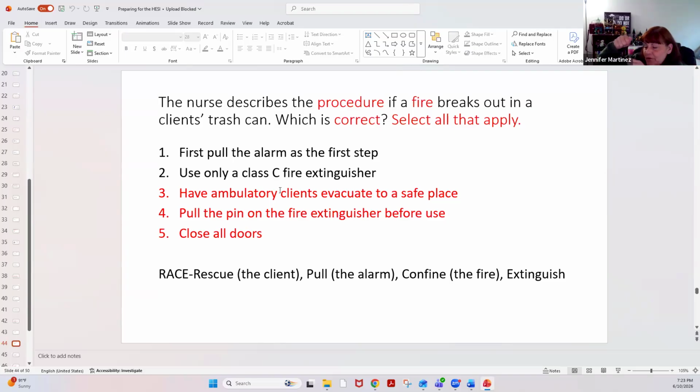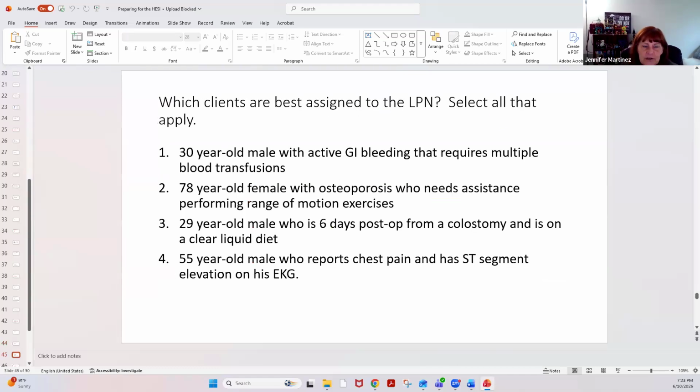You pull the pin, you aim it out to where the fire is, you squeeze the little handle on the extinguisher, and you sweep at the base of the fire.